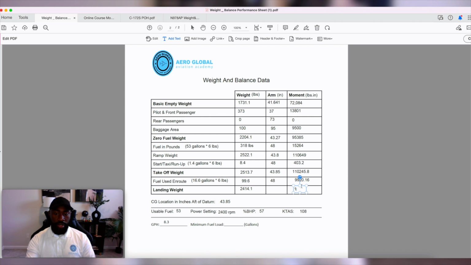So our arm that we get here is basically going to be our CG landing. And we divide that by 2,414.1. So we get 41.55.